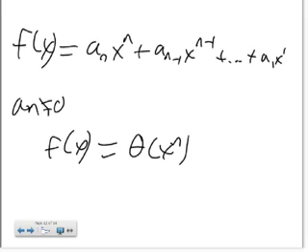What this does is simplify your calculations quite a bit, because you can say that just the highest degree of the function is the order of the function. And so this can make your calculations for finding omega and theta and big O much simpler.